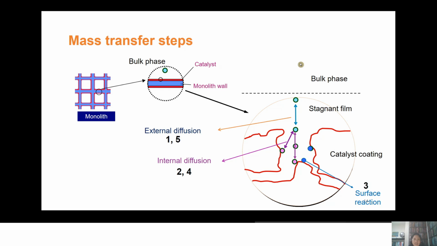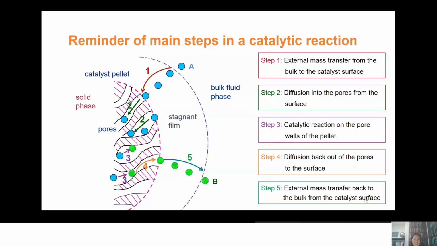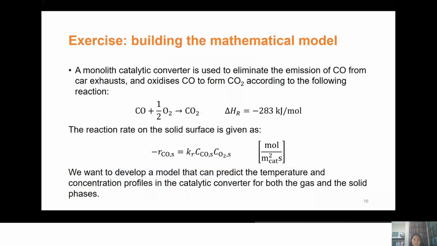So, 5 steps. Just to remind you, these are the same steps we described before. We wrote the rate expressions for each step. So for this case study, we will focus on only one of the reactions, the one that converts carbon monoxide to carbon dioxide.